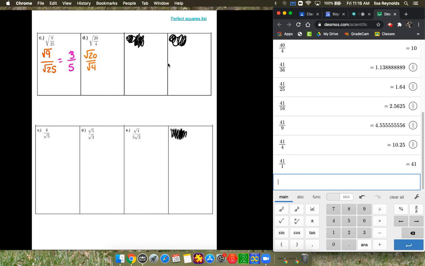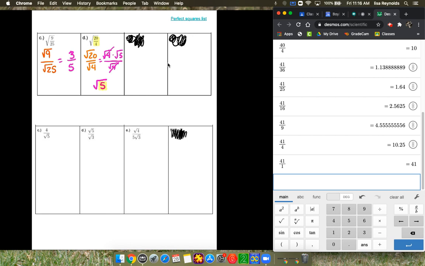And then we're going to start to simplify. 4 is the perfect square that goes into 20, and it goes into it 5 times. And the square root of 4 cancels out in both places, and we're left with the square root of 5. You may also notice that 20 divided by 4 also happens to be 5.